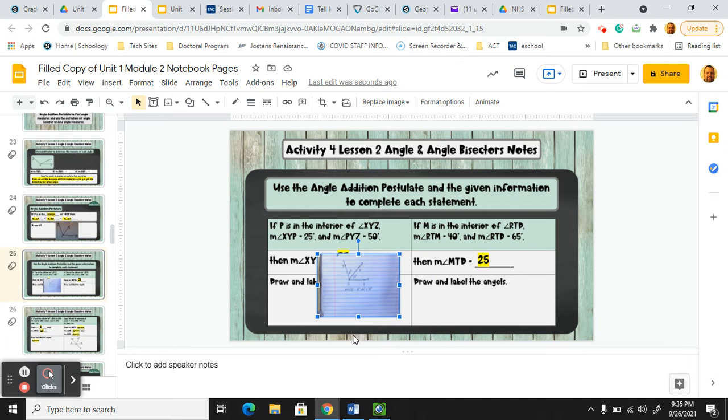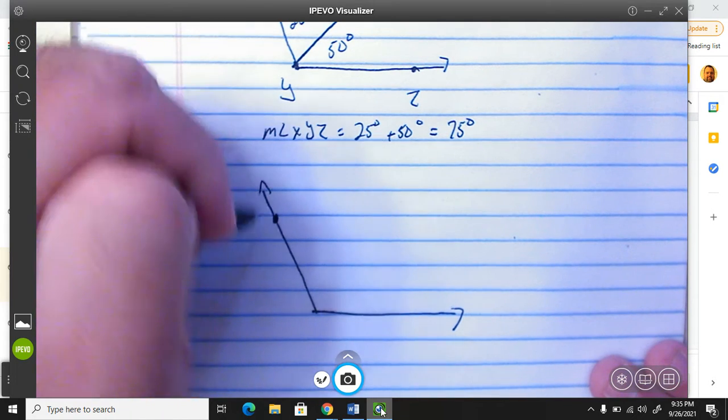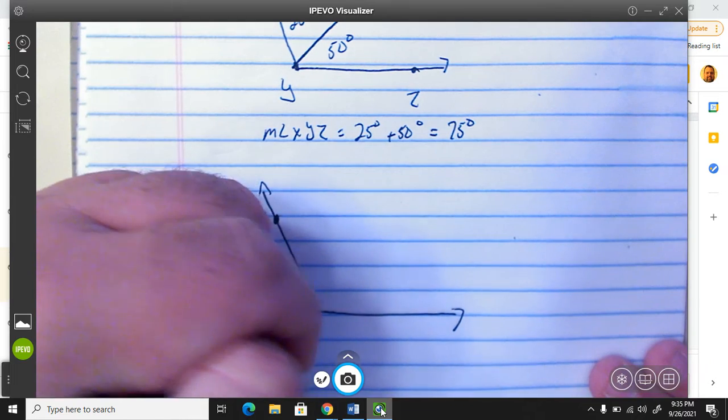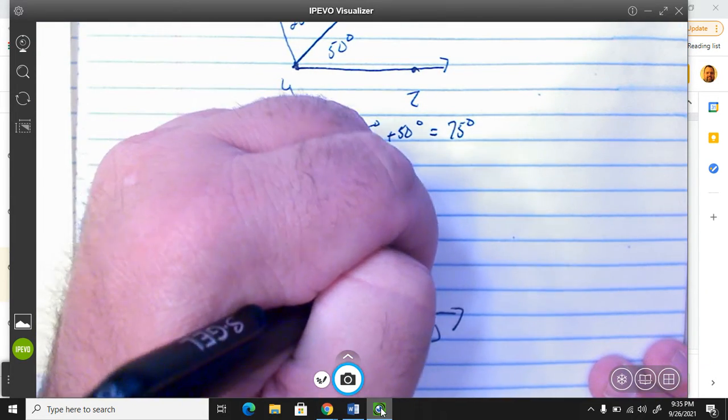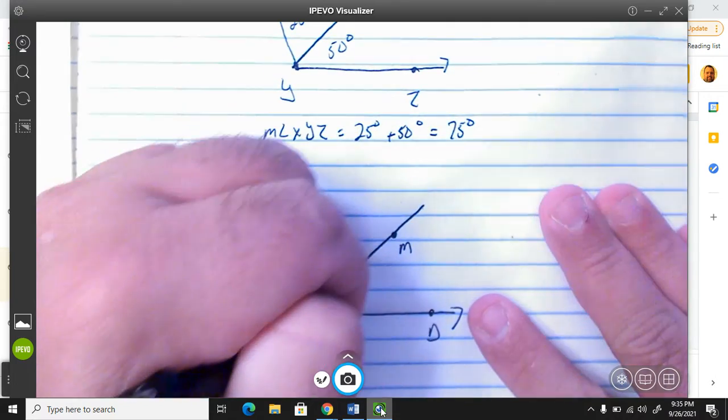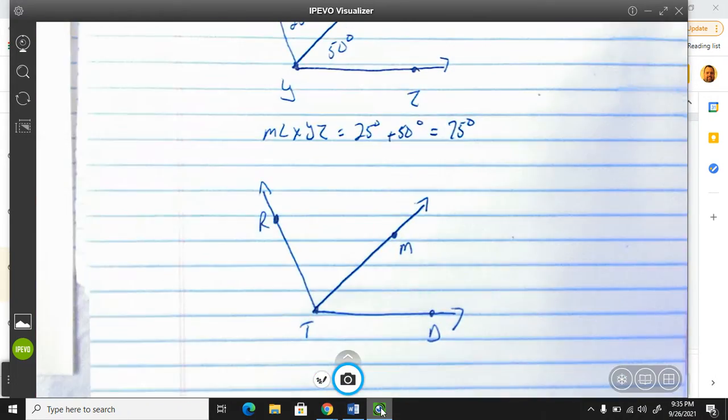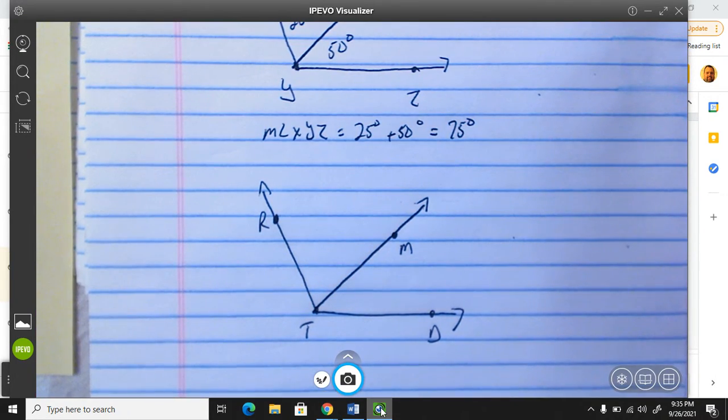So I have RTD with point M on the interior. Very similar to the last one we did.